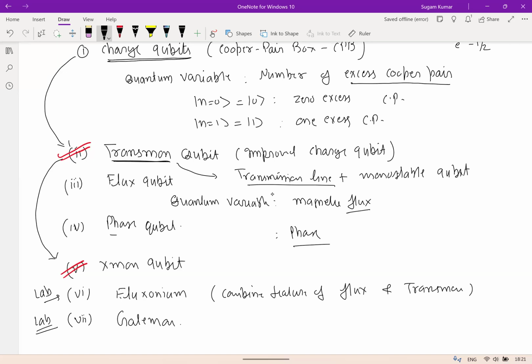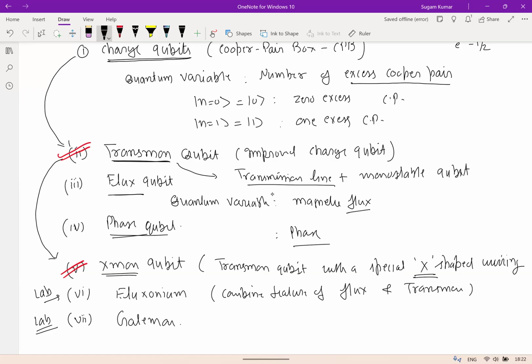Okay, and for the phase qubit and flux qubit, the name already suggests flux is used here, phase is used here. When you come to the xmon qubit, it is again a kind of transmon qubit only. It is a transmon qubit, but with a special X-shaped wiring. The wiring here is very unique.